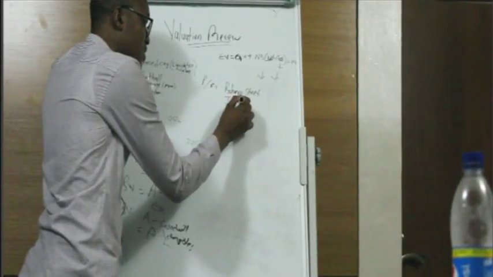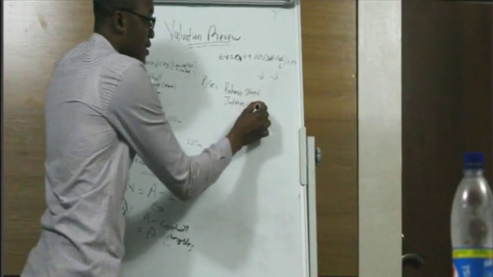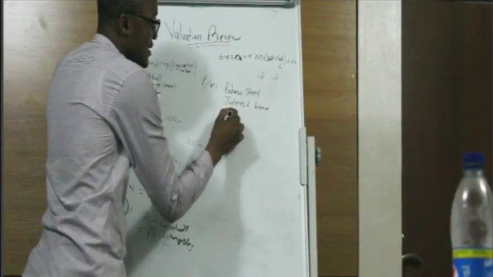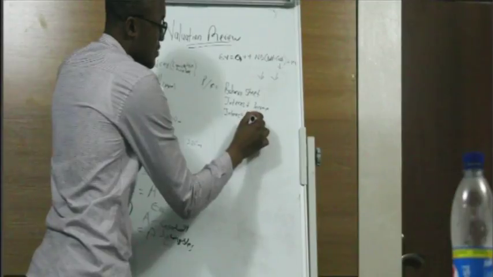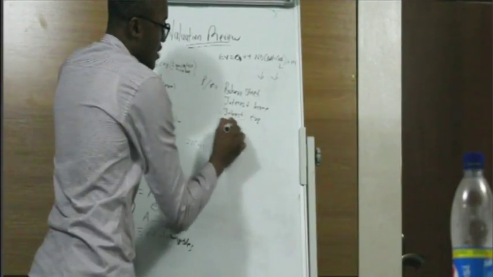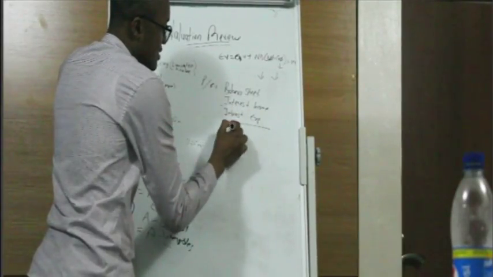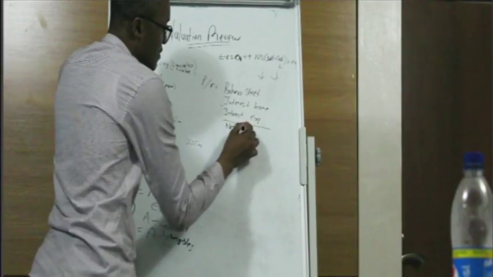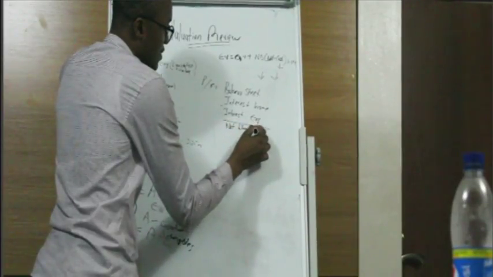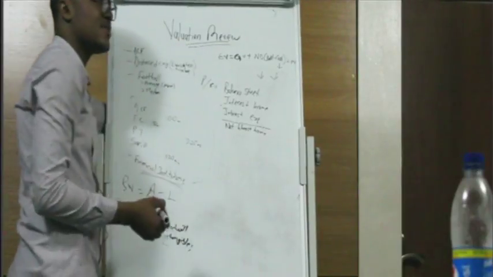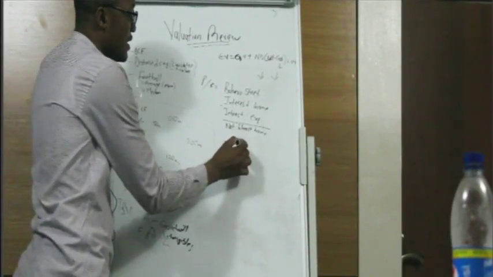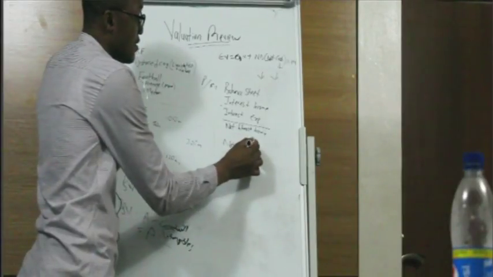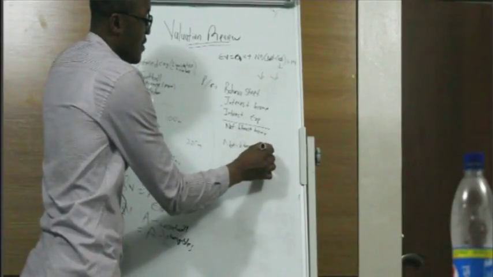You look at interest income. You look at interest expense. Interest expense, you deduct that. It gives you net interest income. Then you get your non-interest income. What else do you get?